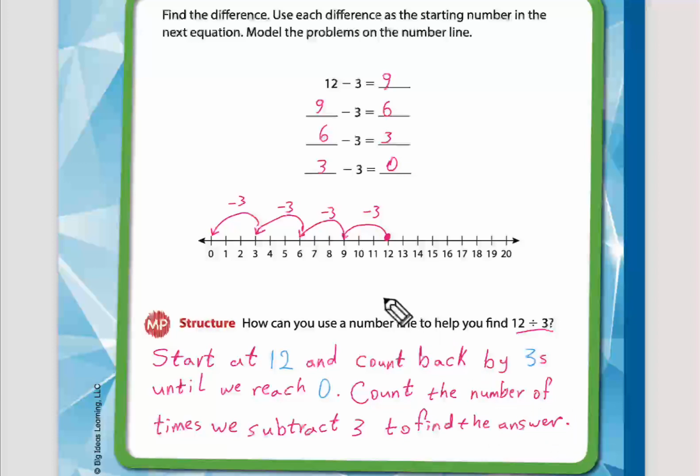Okay, and now my heroes, how many times did we subtract 3 here? Yes, we subtracted 3. How many times? 1, 2, 3, 4. So the answer to this, 12 divided by 3 equals 4. Because we subtracted 3 four times.